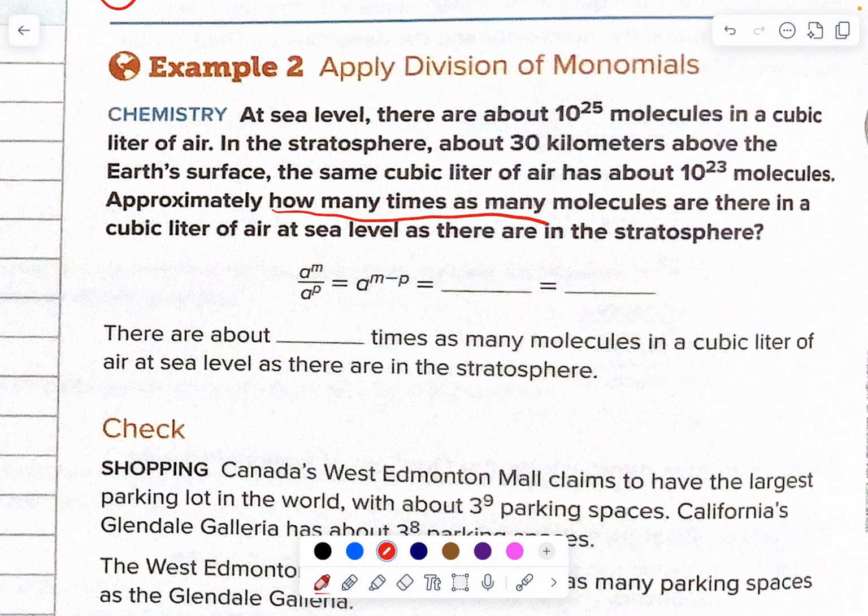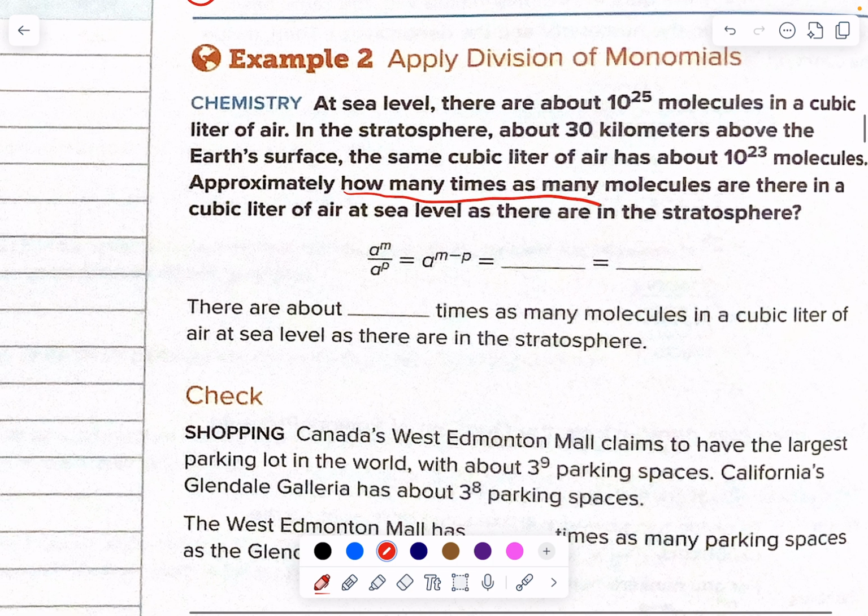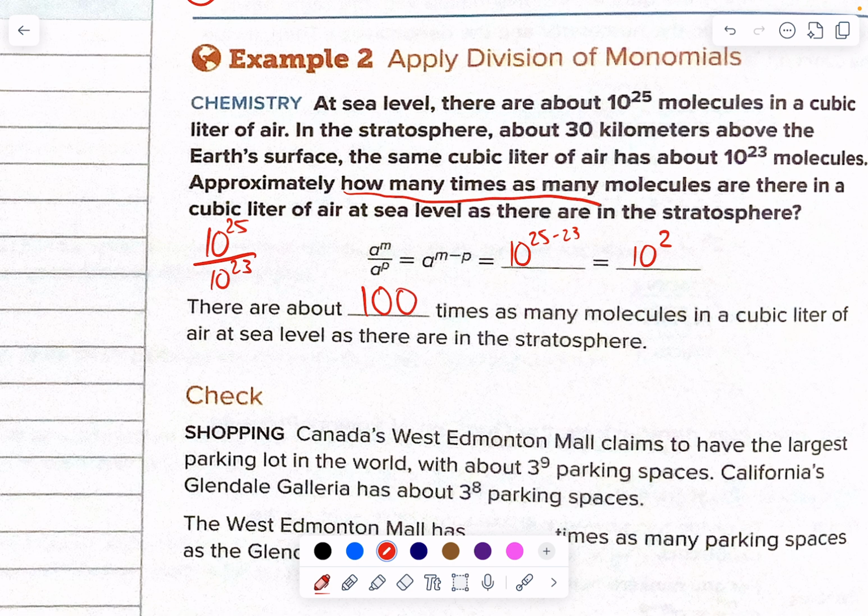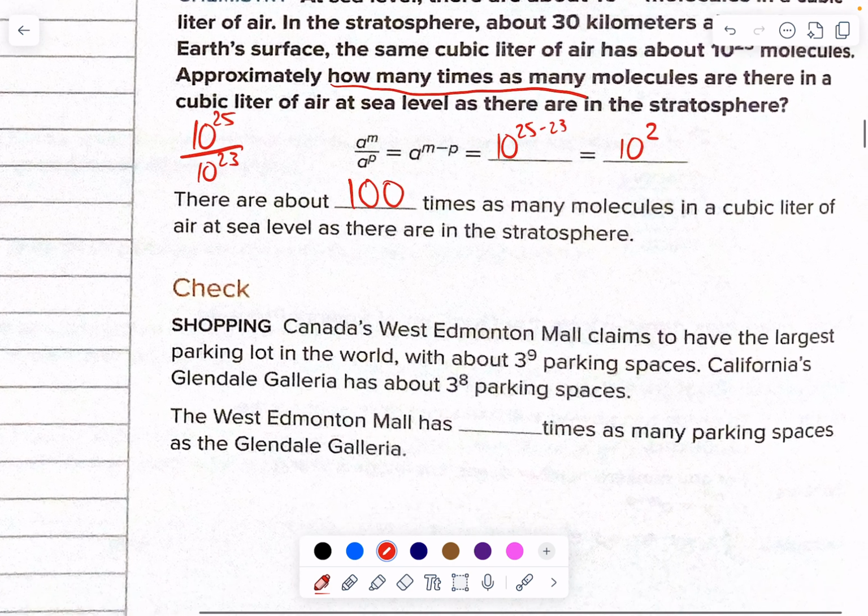30 divided by 10 is 3. So same thing here, we're going to use division. So we have 10 to the 25th power over 10 to the 23rd power, and of course use that subtraction. So 10 to the 25 minus 23 is 10 squared, and of course 10 squared is 100, so about 100 times as many molecules. Same thing in the check.